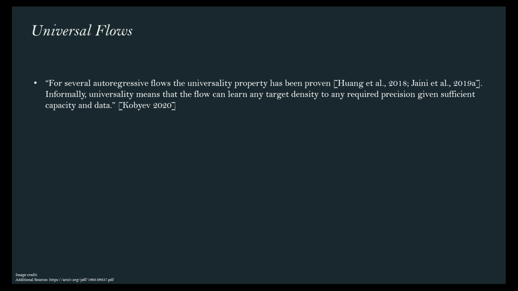We've got exact sampling, we've got exact inference, and it turns out that some of these architectures have been proven to be universal. For several autoregressive flows, the universality property has been proven. In that paper I mentioned that has the good overview, they replicate the proof. Basically, this can learn any target density to any required precision given sufficient capacity and data. To me, that's awesome, especially as opposed to some of the other generative models.